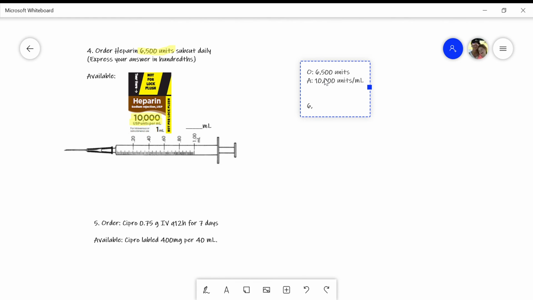So with this one, it's just the same simple dividing. And let's see, what number is that? So you would get 0.65 milliliters is what you're going to dose for that.